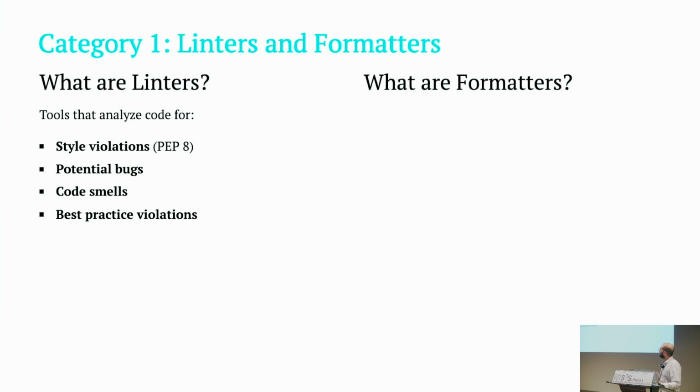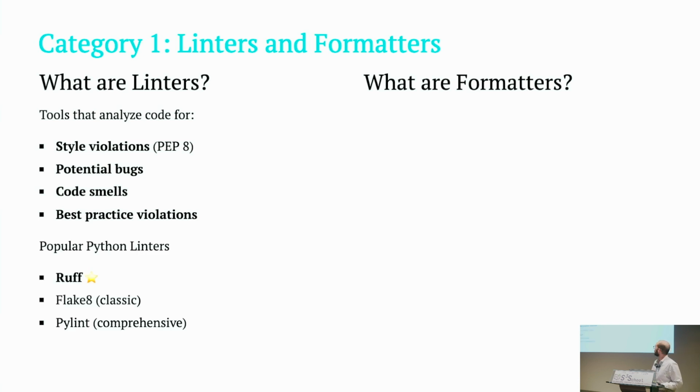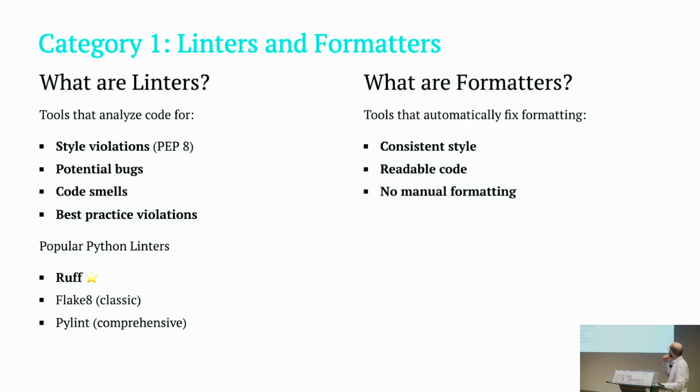Code smells and best practice violations. Some popular linters for Python, maybe you have heard of Flake8, which is the most classic, Pylint, and we have a quite recent one, Ruff, that we will test just after.